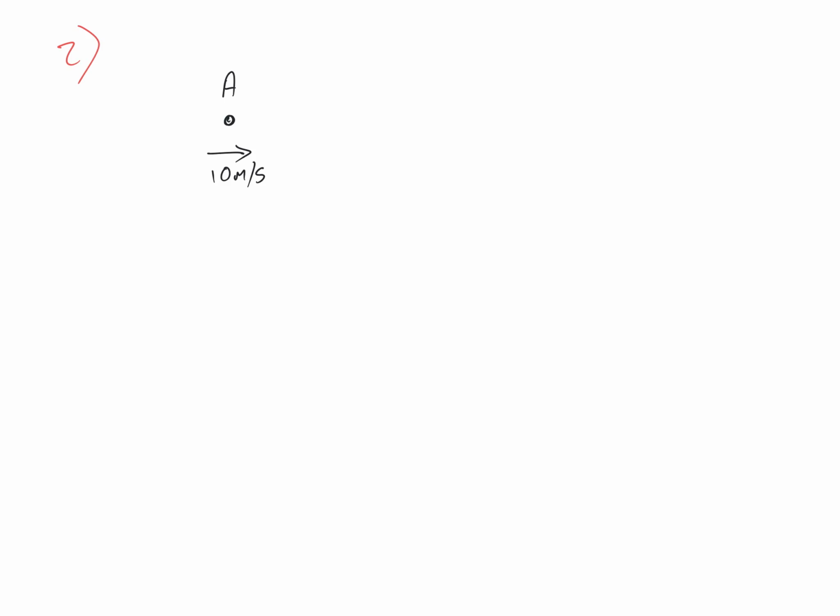The car speed increases uniformly from 10 meters per second to 30 meters per second in 10 seconds. That's T equals 10.